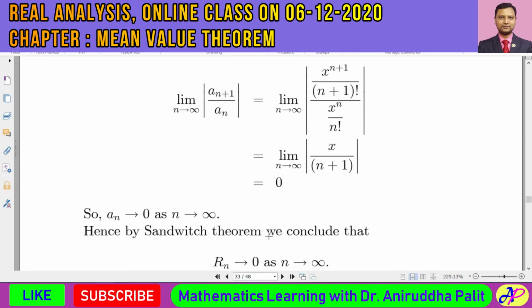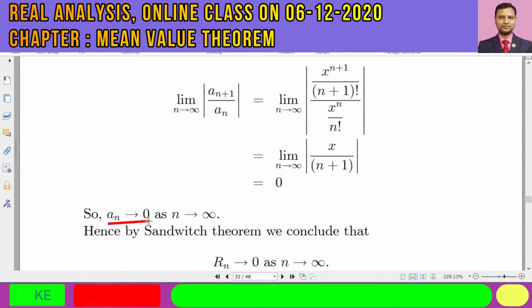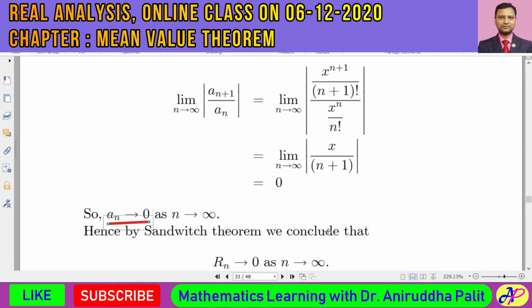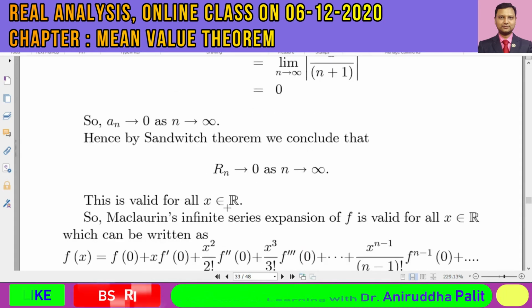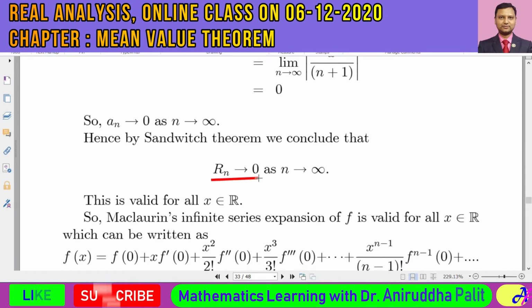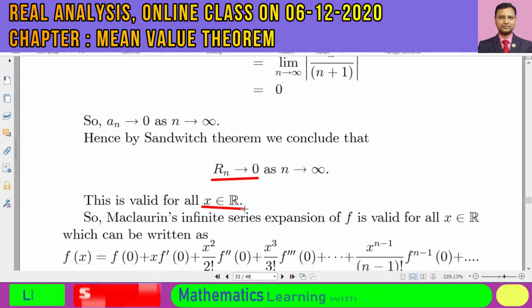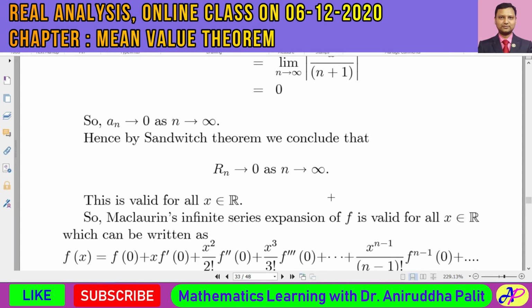Therefore we can conclude that an tends to 0 as n tends to infinity, and so by the sandwich theorem Rn tends to 0 as n tends to infinity, and this is valid for all values of x belonging to the set of real numbers R.